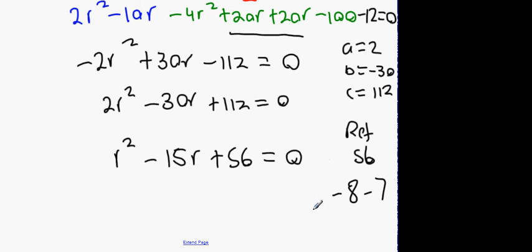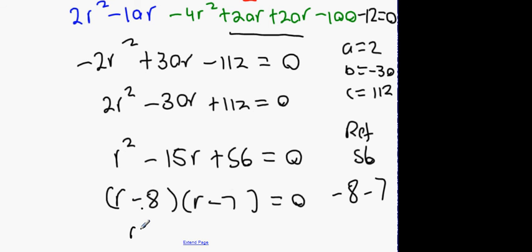So you're going to have, what's the next line, if you don't mind me asking? You've done this since junior cert. R in here, and then minus 8, minus 7, R equals 8, R equals 7.